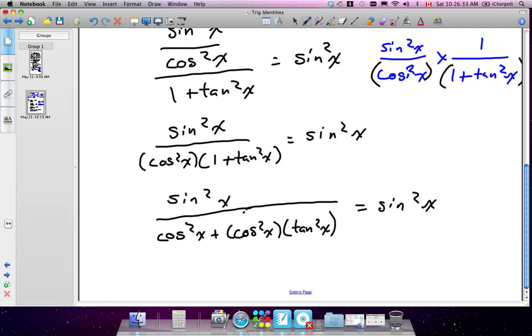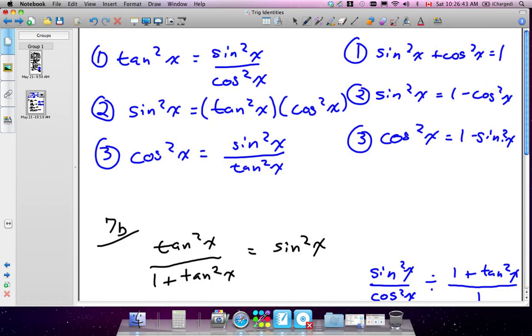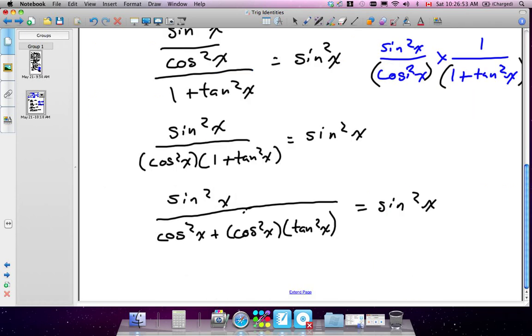Okay. Let's go look at our other rules that we had. If I go back to the top, I know that I had a tangent squared x and a cos squared x, and I know they equal sine squared. Okay? So I guess I could replace this with our sine squared. So let's do that.